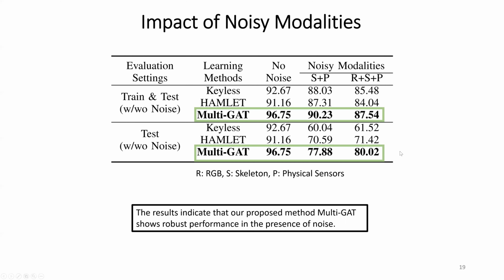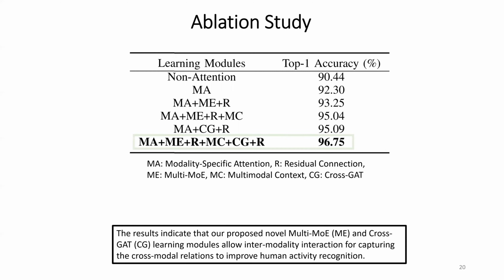In the second, we only introduce noise in the testing time. In both settings, our proposed approach outperforms all of the previous approaches by good margins in the presence of noise, which indicates effective deployment in real-world environments.